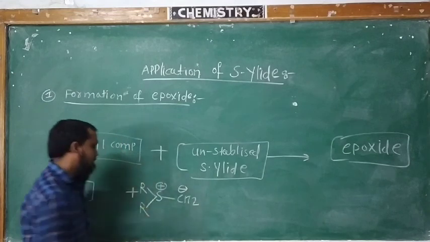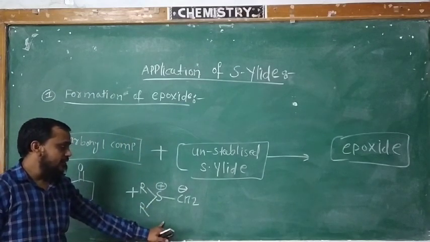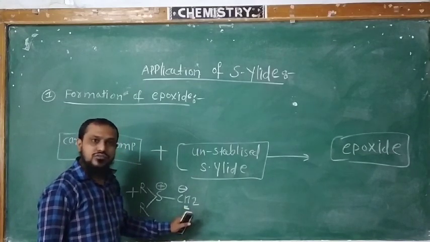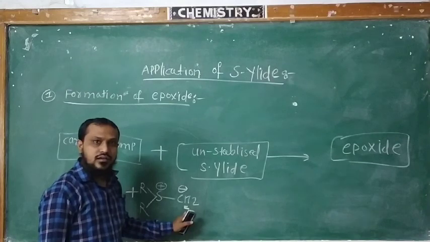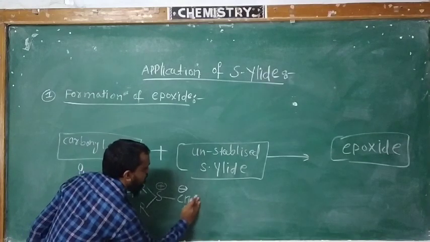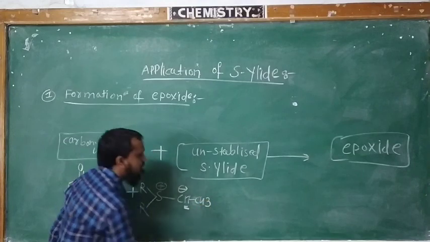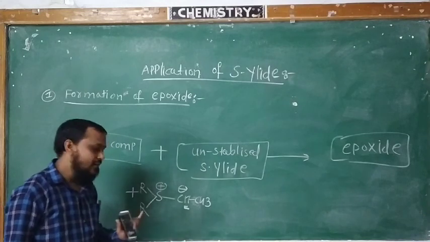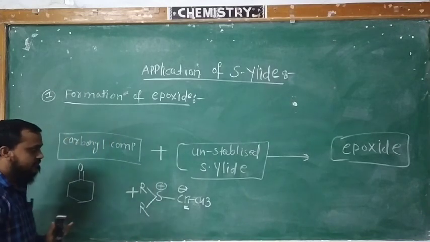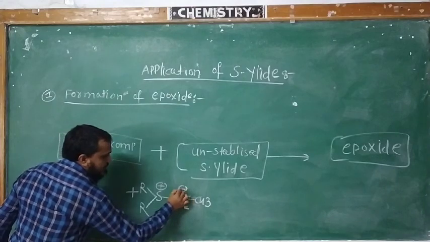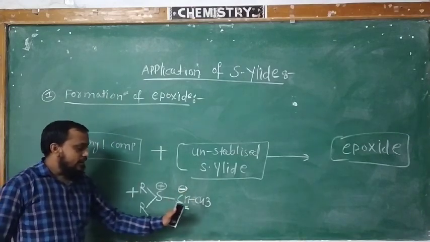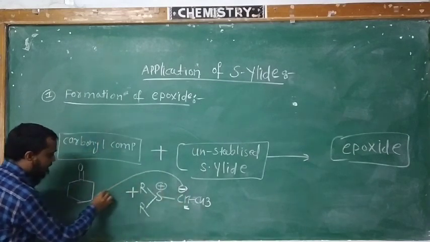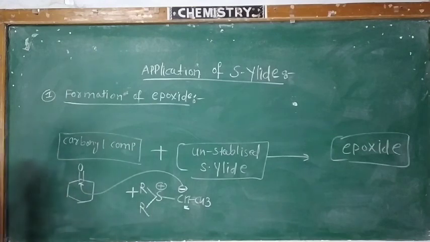Okay, this is the type of unstabilized sulfur ylide because here CH2 CH3 is an electron donating group, so it is the type of unstabilized sulfur ylide. What will happen here? The negative charge carbon, or nucleophile, of sulfur ylide attacks the electrophilic carbon atom of the carbonyl compound.